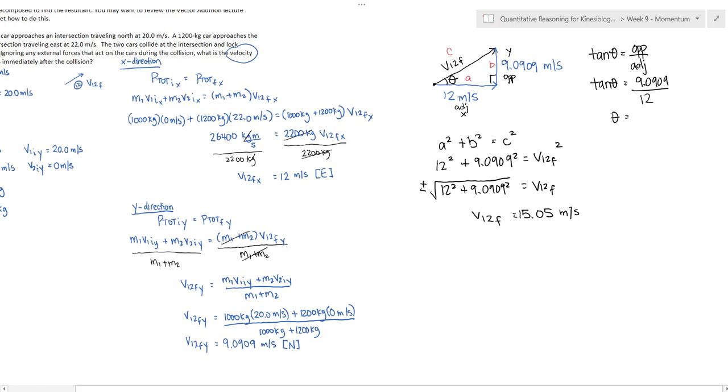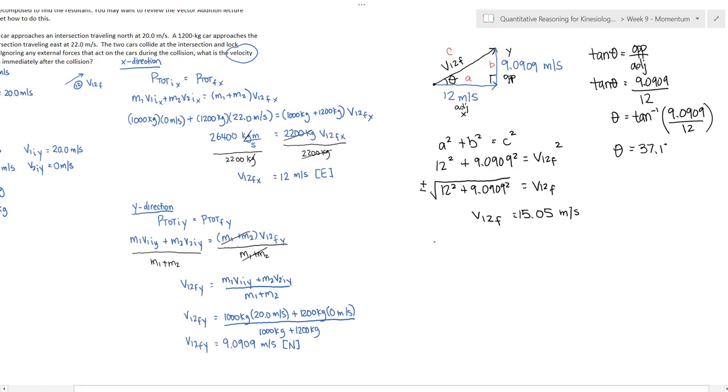Now we're trying to solve for theta, so we need to bring the tan to the other side, and to do that, we do tan inverse of 9.0909 over 12. Now I can just type this onto my calculator. Tan inverse of 9.0909 divided by 12, and I get 37.1 degrees.